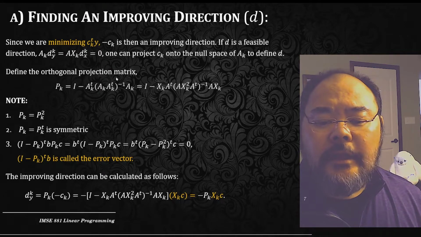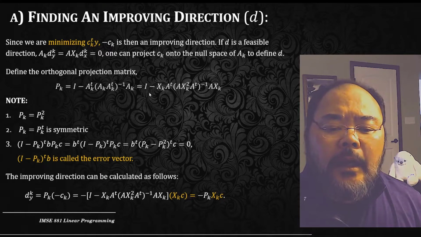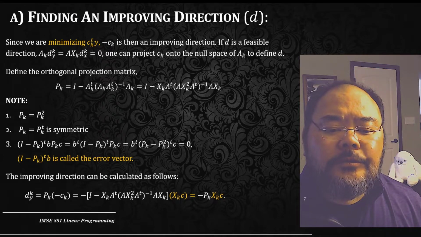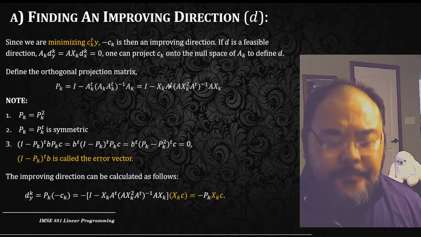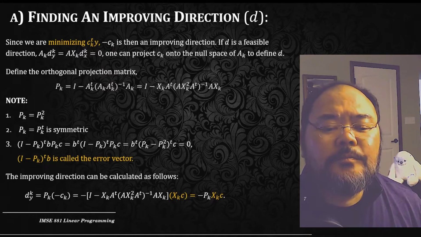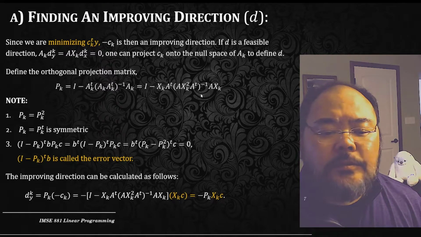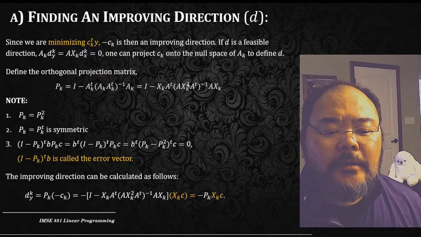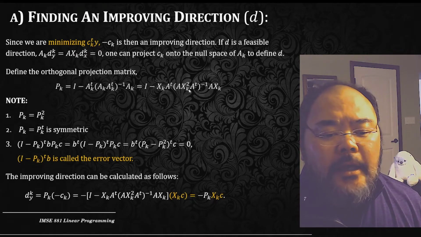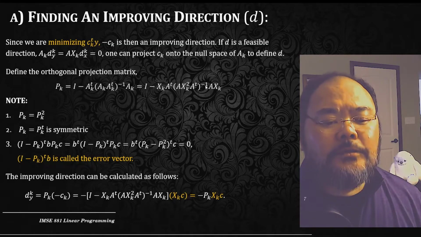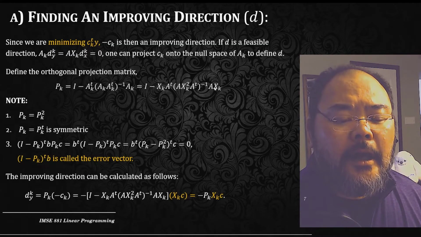This is a standard projection matrix, and we can convert it back to the original, where AK equals A times XK, and AK times AK transpose equals A times XK squared times A transpose, and the inverse of that, times A times XK.